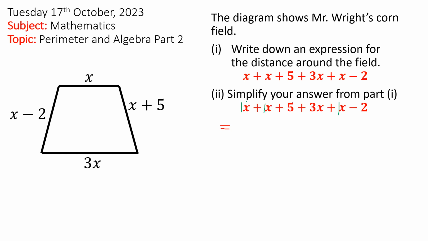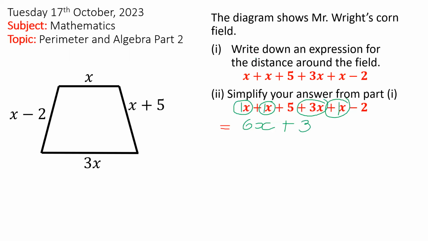So how many x's do we have? 1x plus another x is 2x. Plus 3x is 5x. 5x plus another x is 6x. So it's gonna be 6x. And then 5 minus 2 is what? It's 3. Very good. So it's gonna be 6x plus 3.